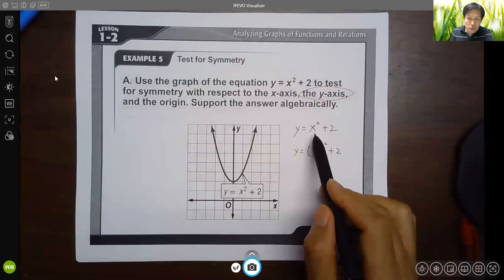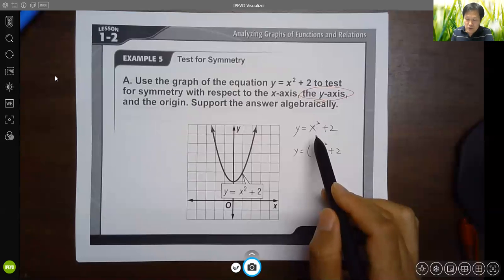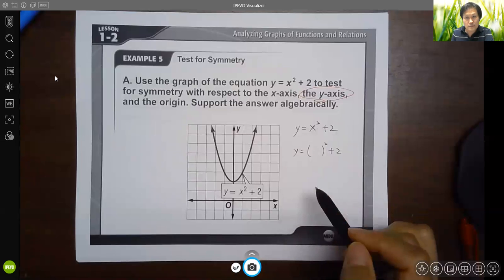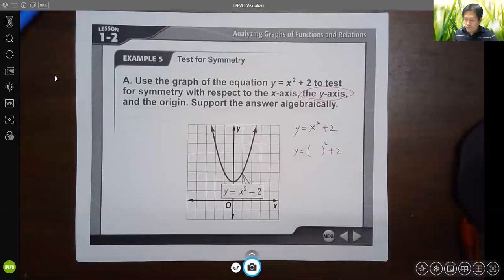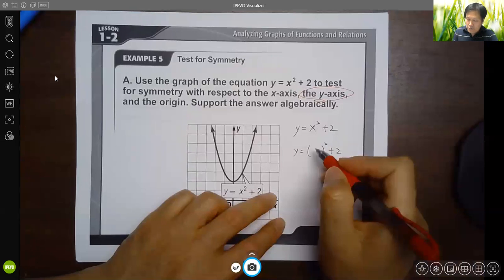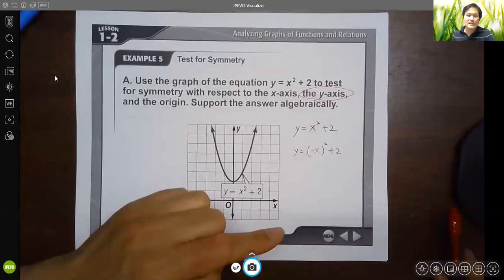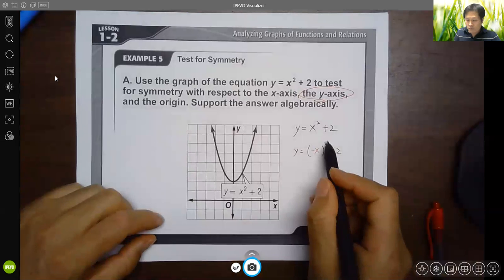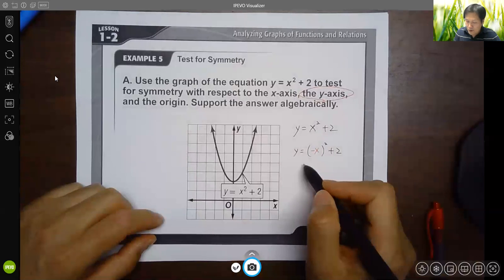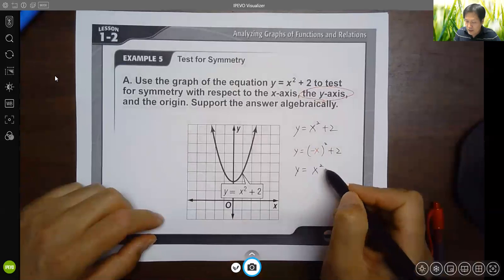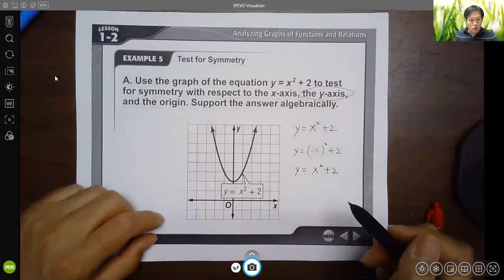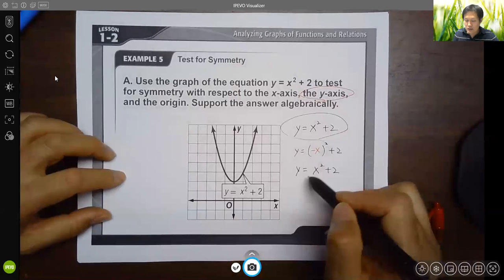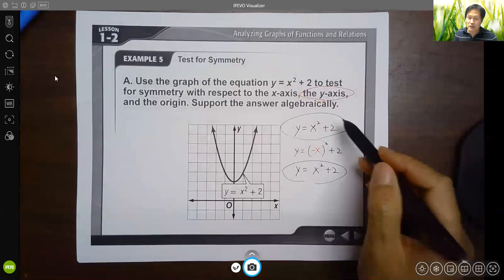So instead of writing x, write parenthesis, and write down minus x, since you're replacing x with minus x. Since you have a parenthesis squared, the minus disappears. So if you evaluate that, it becomes this. Look at this and look at this. We have exactly the same equation.